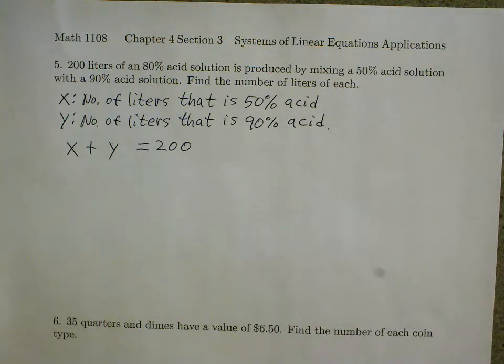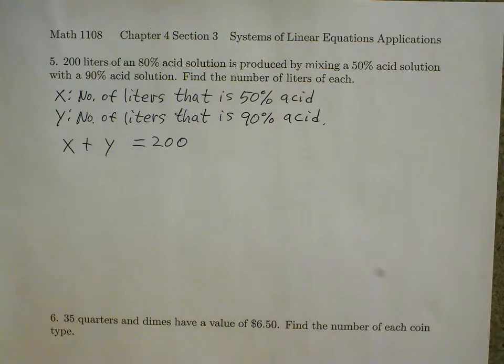So to find 50% of 100, you can multiply 0.50 times 100, and 0.50 times 100 is 50.